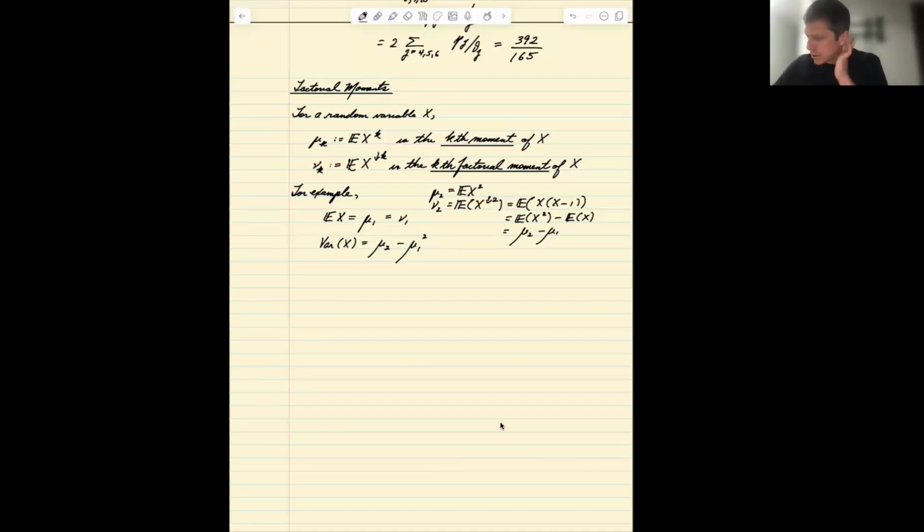Flipping it around, the second moment equals the second factorial moment plus first moment. So this gives us second factorial moment plus first moment minus first moment squared.